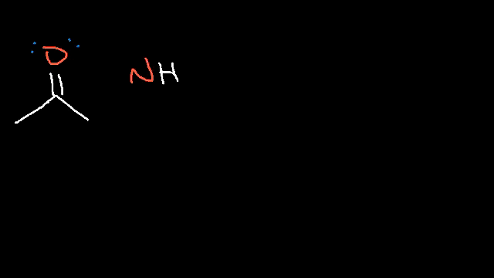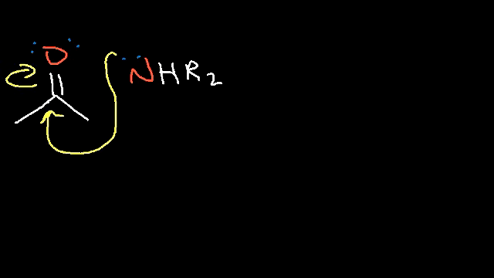It's going to have an NH and 2 R groups. So just like before, the nitrogen is going to attack the carbonyl carbon. And so this oxygen is going to have a negative charge, and the nitrogen will have a positive charge.